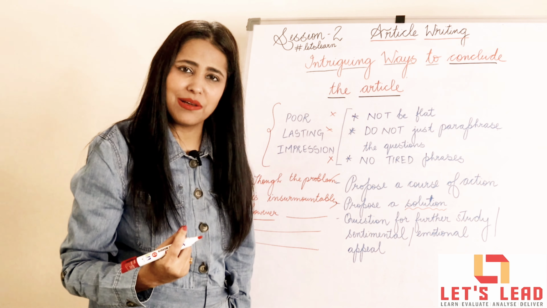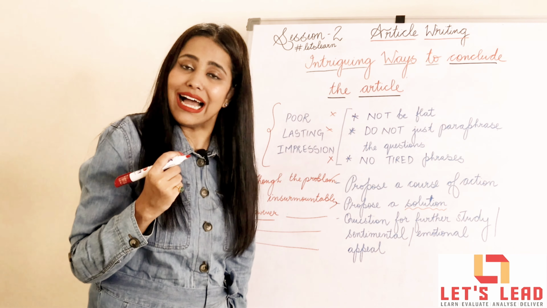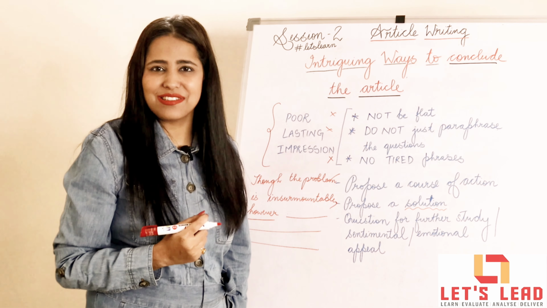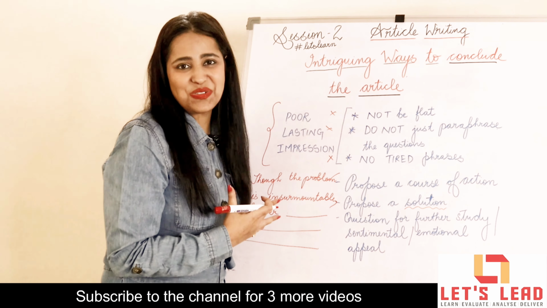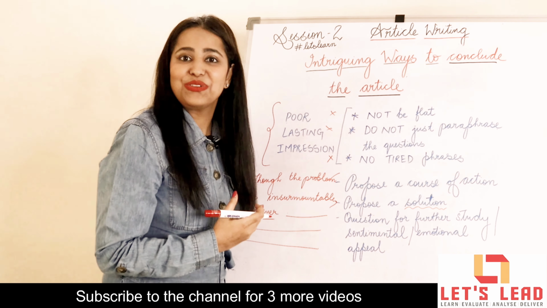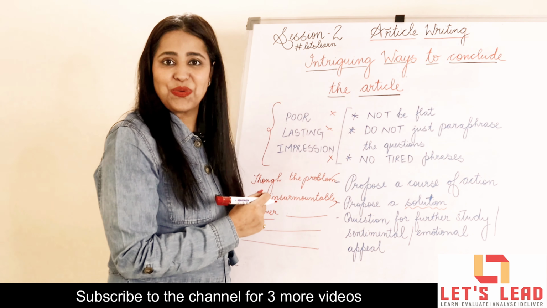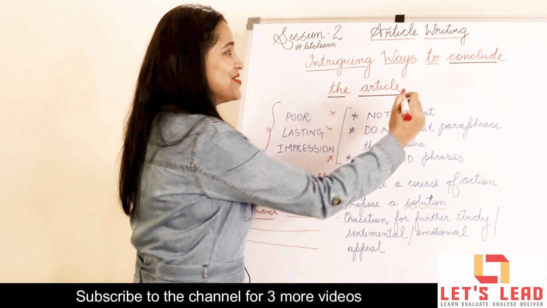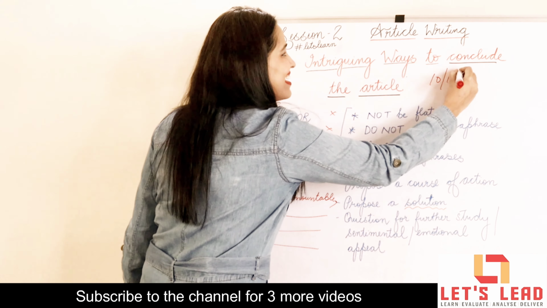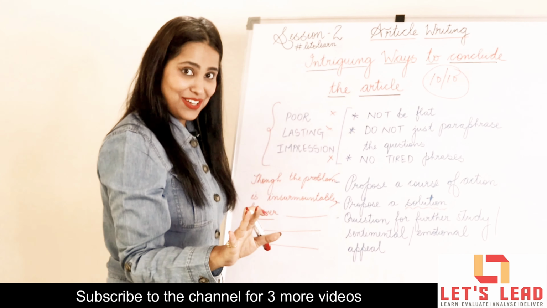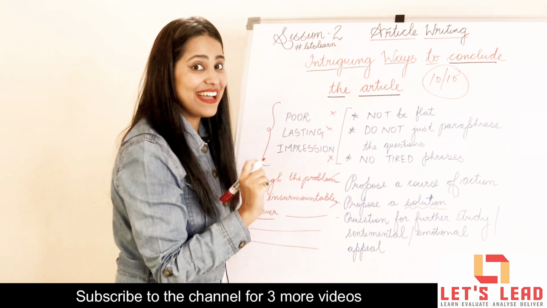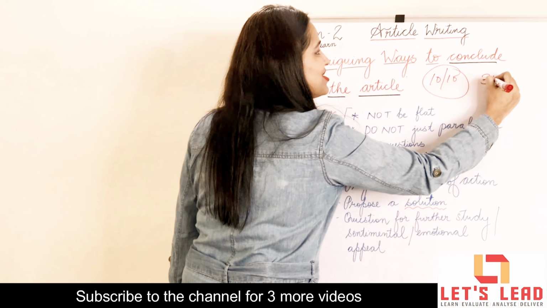Making an emotional appeal made the reader actually think, yes, why not? And I just want that the examiner, the reader, should connect through your article and give you 10 on 10. But for that, you will have to watch my next 3 videos.